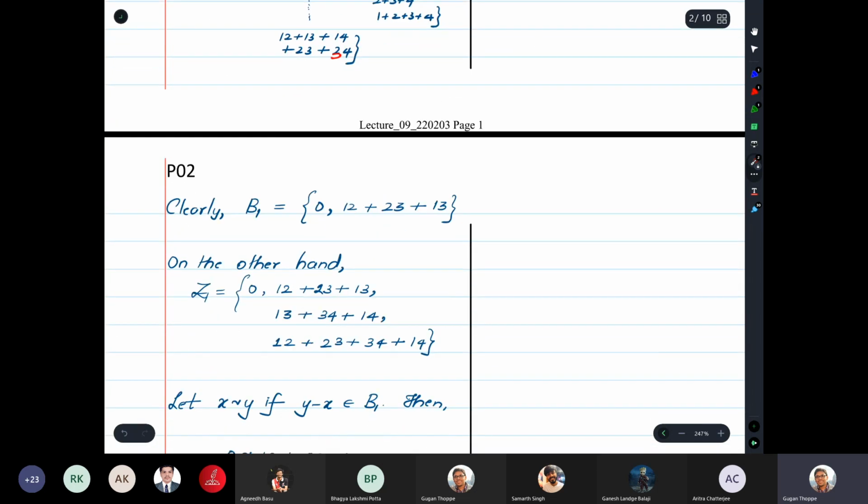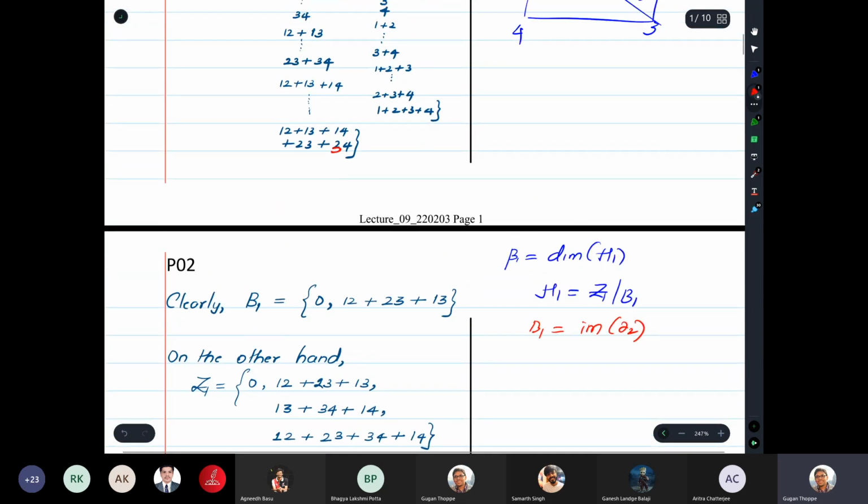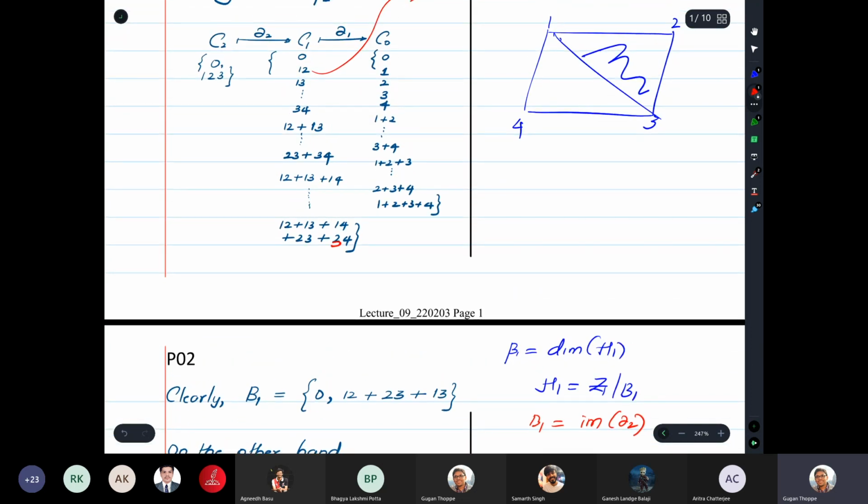So recall what Betti 1 is. Betti 1 is the dimension of H1, and what is H1? H1 is Z1 quotient with B1. So first let's compute what B1 is. Well, B1 is the image of ∂2. So we now need to compute the image of ∂2.